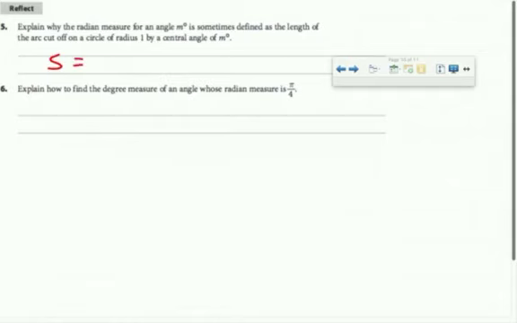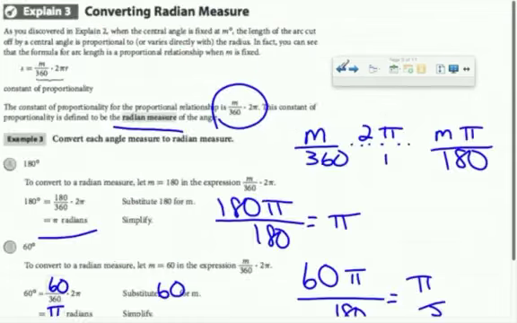It would be that arc measure over 360 times 2 pi times 1. Well, this would just simplify to m pi over 180, which you may recall is exactly how I defined the whole conversion process of converting degrees into radians.